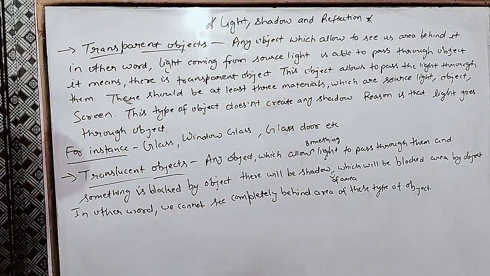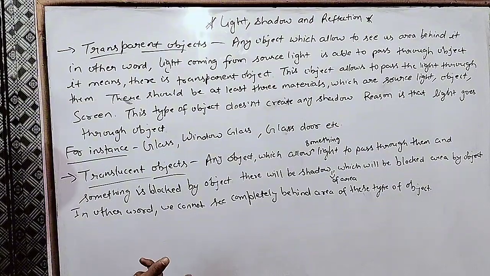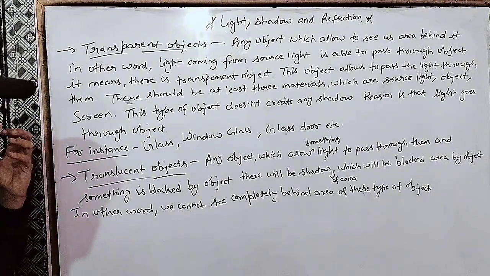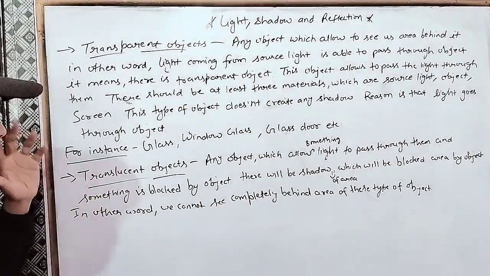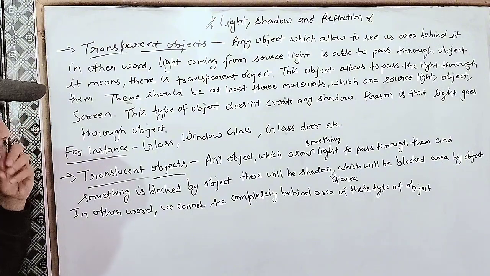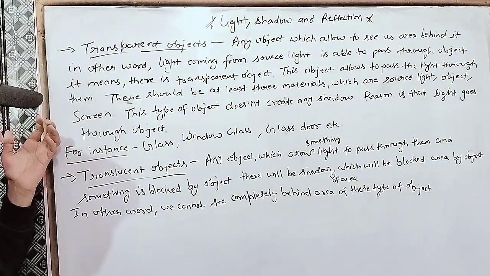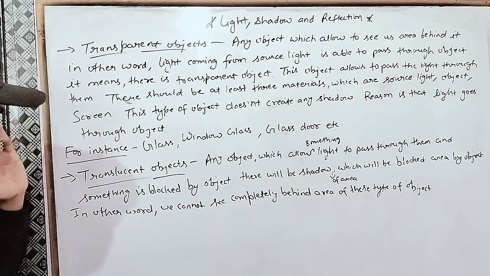We cannot see completely. Okay, this is an example. You can say we are saying that about this object. Behind the object, we are not able to see completely. Something we are able to see, but something we cannot see with the same object. So those objects will be considered translucent objects.